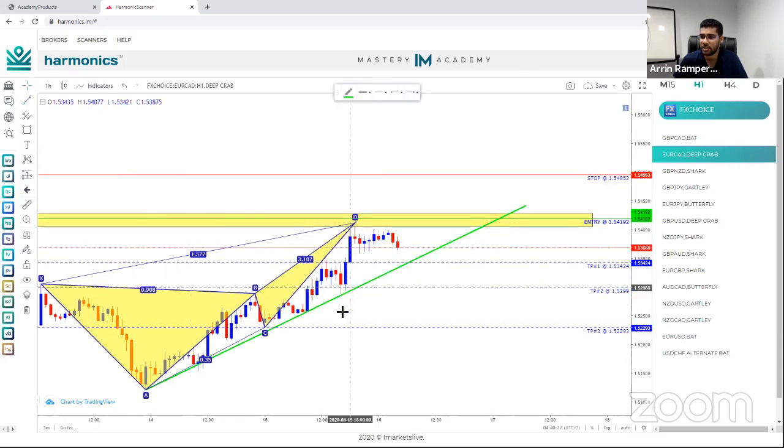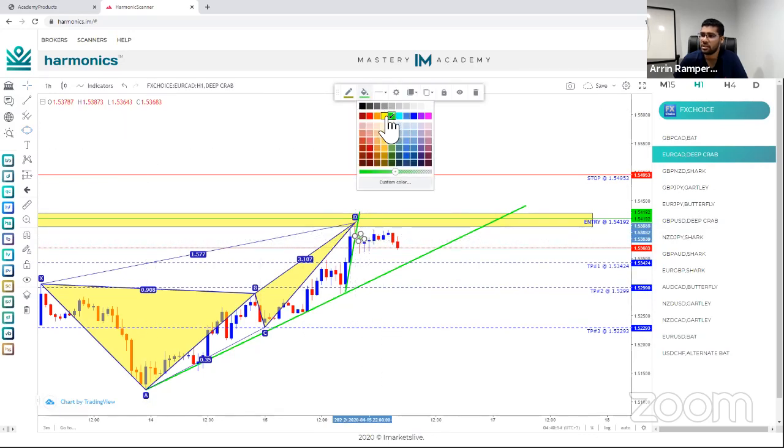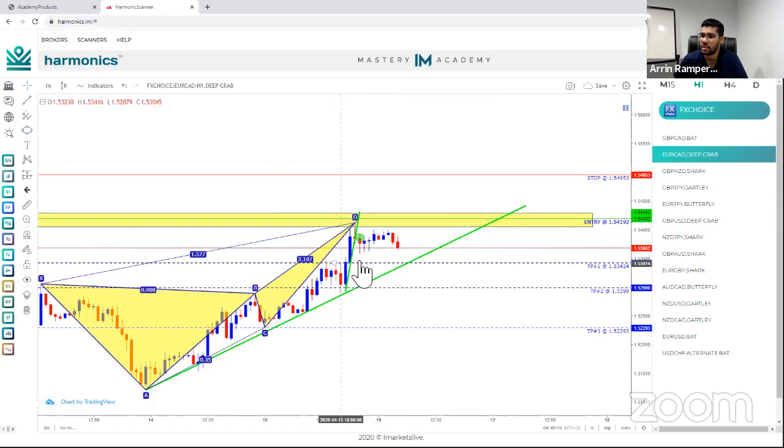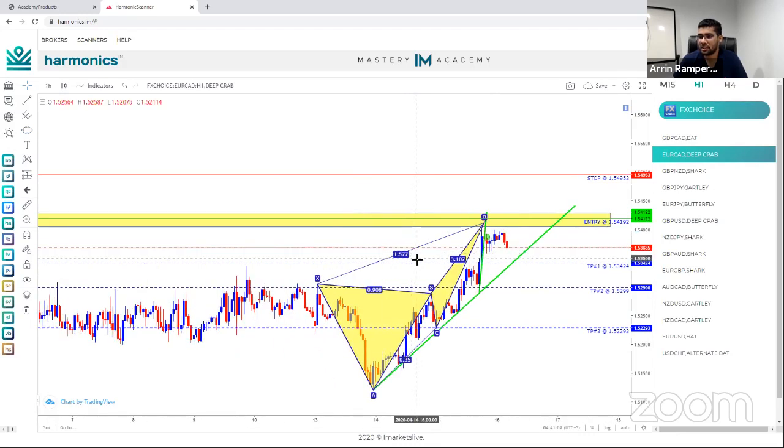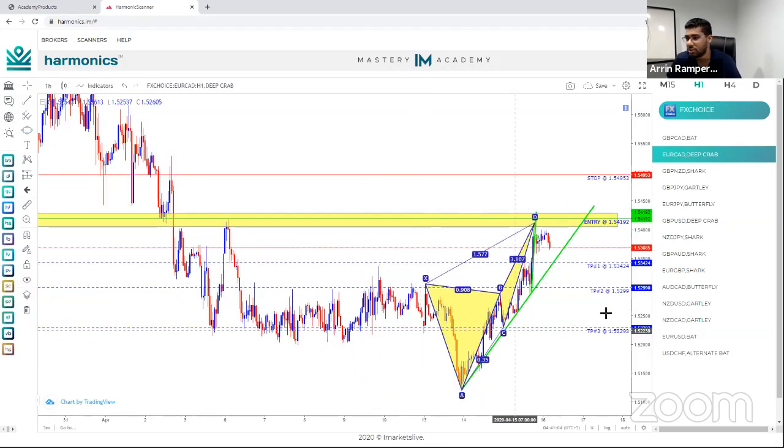And obviously, if we took this next one from here, this would have been our entry, which we missed, but that's okay. Yeah, I'll leave that green. I don't really see anything for us to do on this trade.